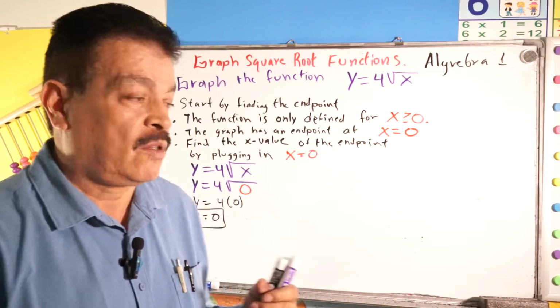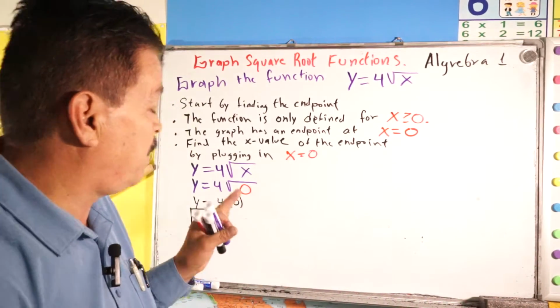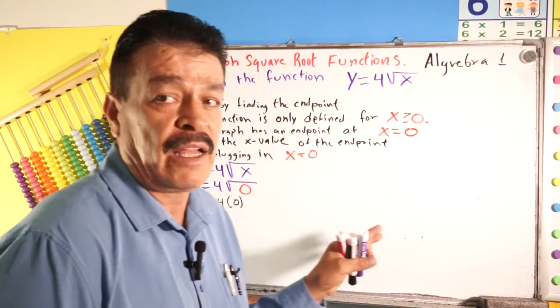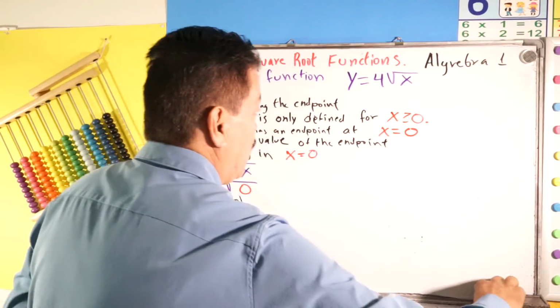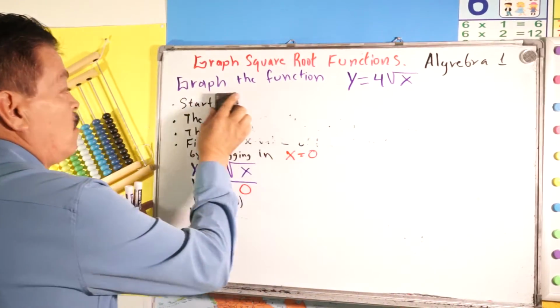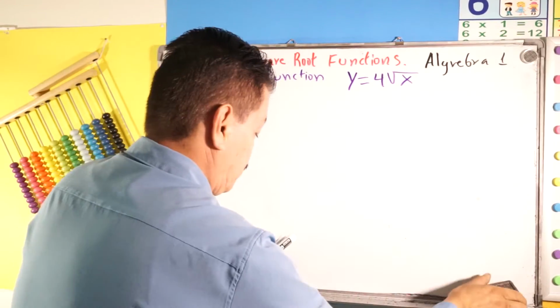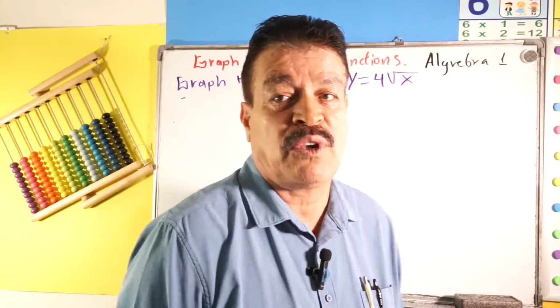All right. So now look at this information. I already found one: y equals 0. Keep it in your mind. I will erase it to continue finding more details. Now, what is the next step? The graph has an endpoint.